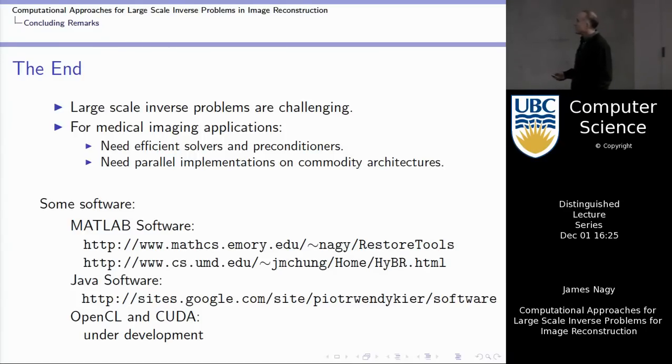We've tried to write as much software as we can that people can use. This is some of the software that I used in the talk today. Piotr's Java software he has on this site here. And we're now writing this OpenCL and CUDA code for some of this, the tomosynthesis work as well, and hopefully that will be done soon. All right, thanks very much.